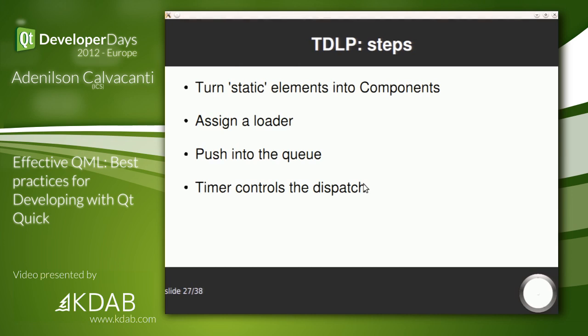Finally, you push them to a queue and have a timer that controls the dispatch of getting a loader, associating a component, and painting it on the screen. So in this case, your application will be able to load the next screen, but will still be responsive because you give enough time to the Qt event loop to process the key inputs, because you are not trying to do everything in one go.